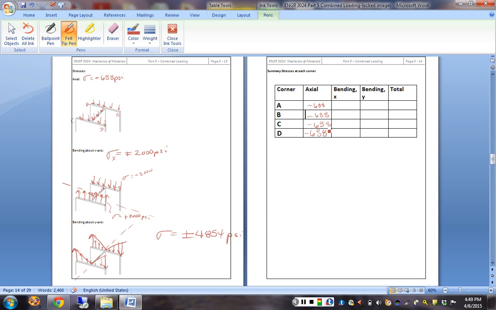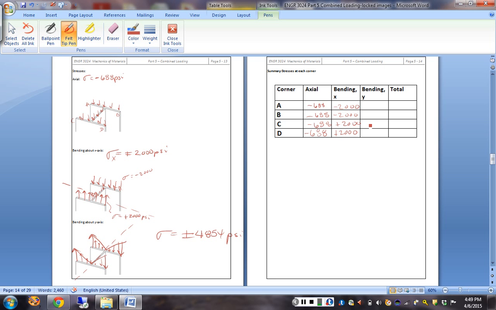All right. For bending about X, what do I have at corner A? I have minus 2,000. At B, minus 2,000. At C, plus 2,000, and at D, plus 2,000.